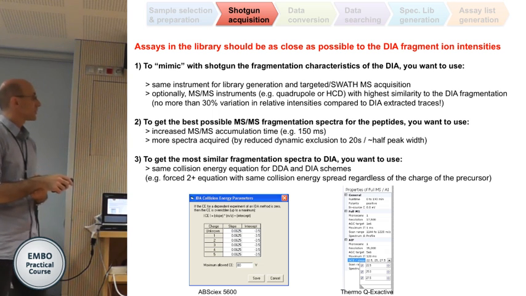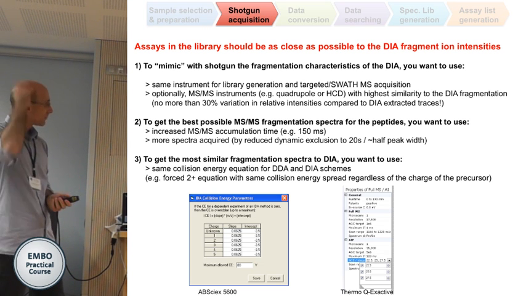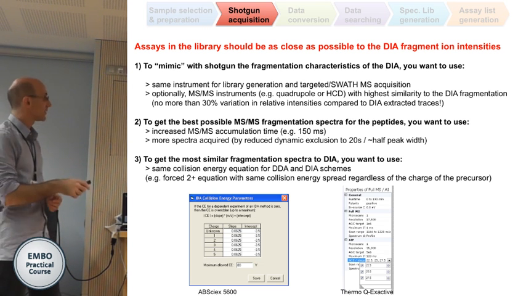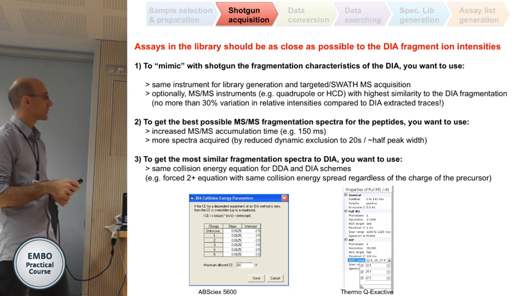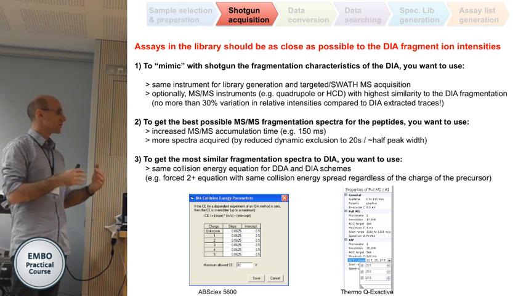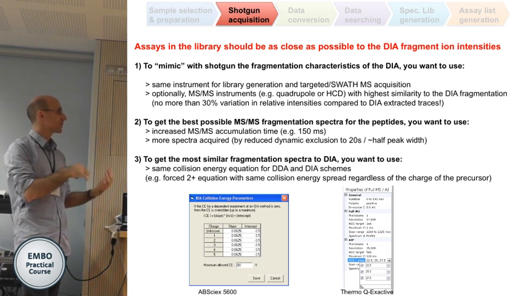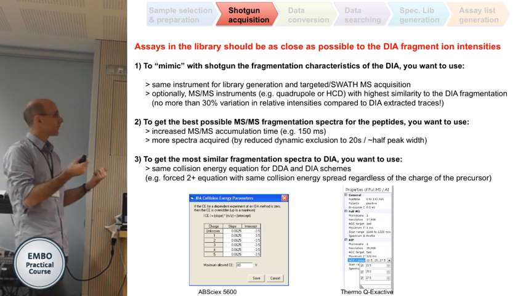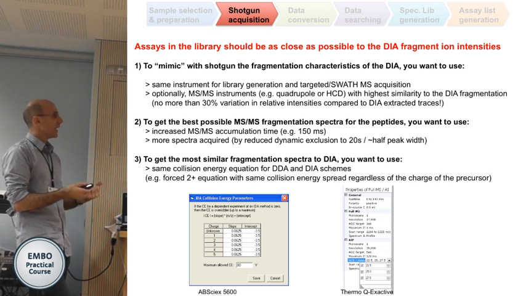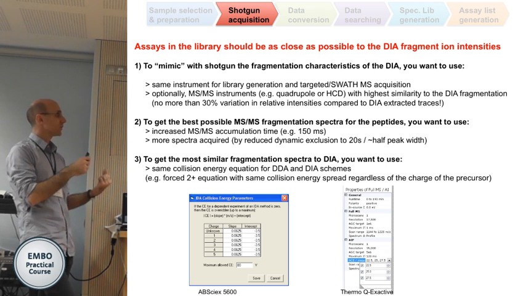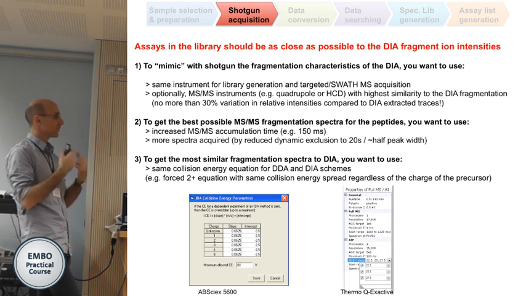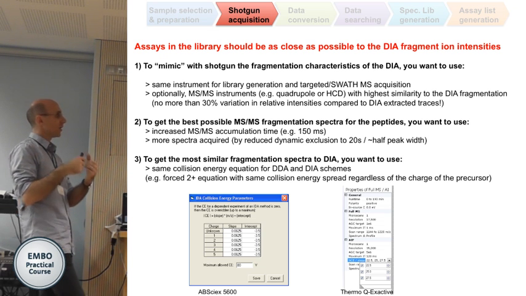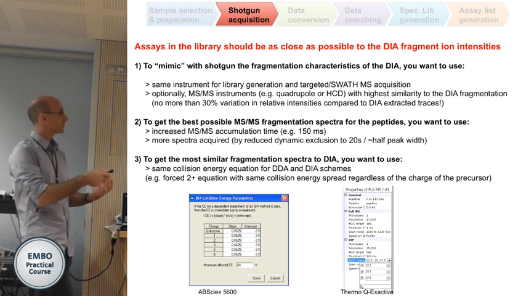And the last very important point, which was overlooked in some studies, is that the collision energy is also very important. You know in SRM that you optimize very much your collision energy and your declustering potential to get the best you can out of your fragments. And here, when you build your library in shotgun, you also want to be as close as possible in terms of fragmentation to your DIA or your targeted proteomic experiment.